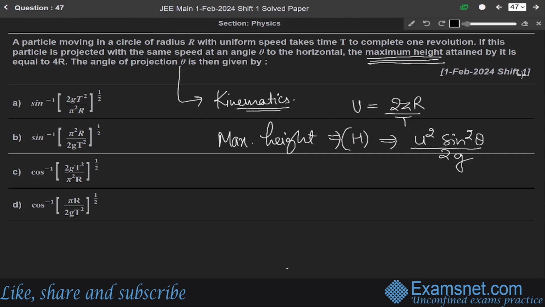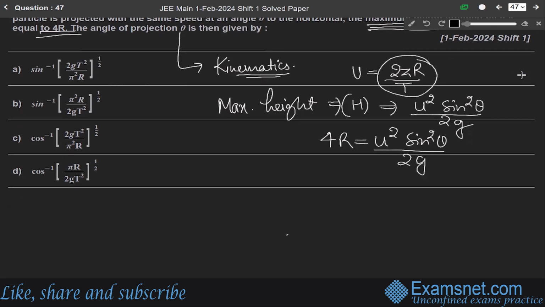Here the height is given as 4r. So 4r equals u square sine square theta over 2g, and u here is 2 pi r over t. Now putting this value of velocity here, we get 4r equals 4 pi square r square sine square theta over t square into 2 into g.